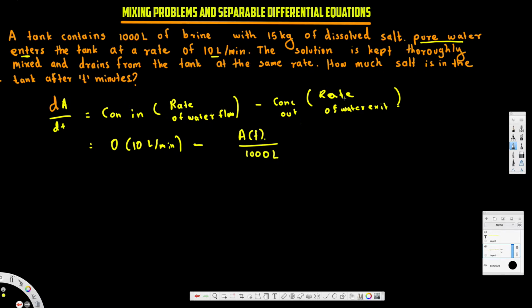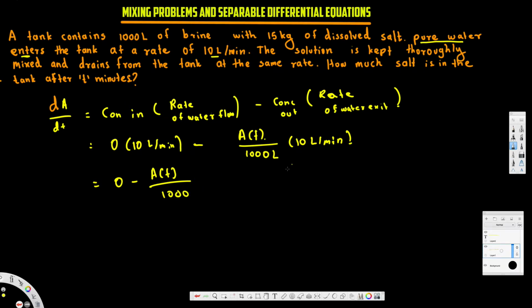Now the rate of water exiting is also the same, 10 liters per minute. From this we can see that this is 0 minus A of t divided by 1000, the liters cancel and we are left with minutes.